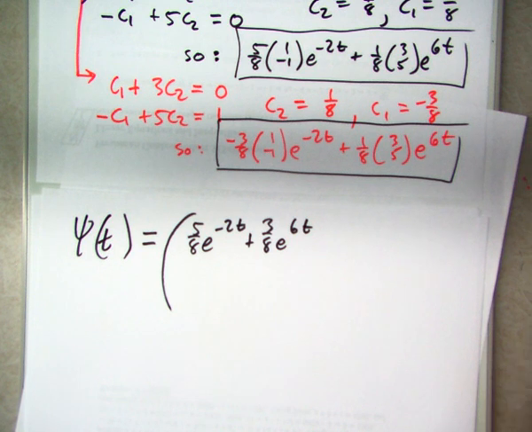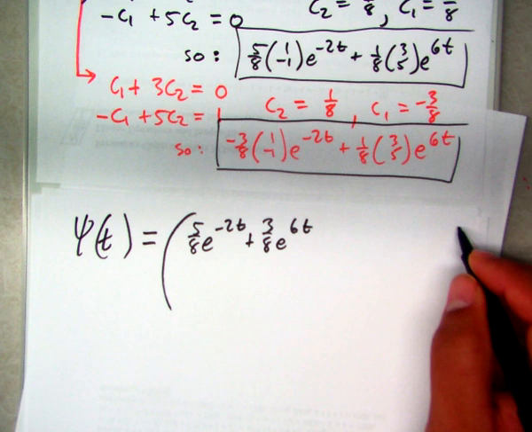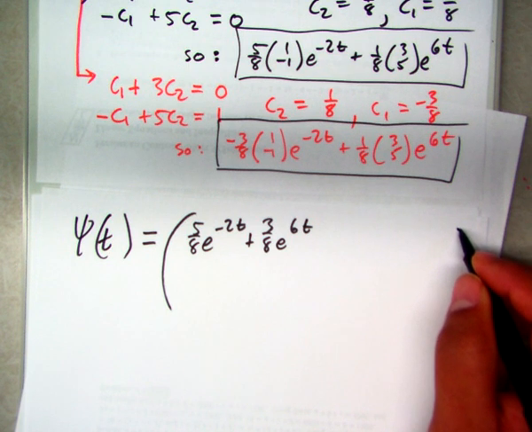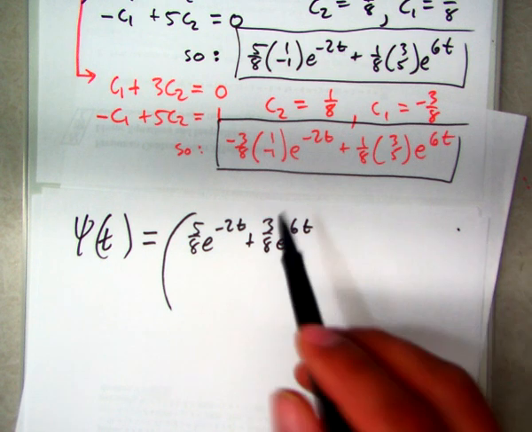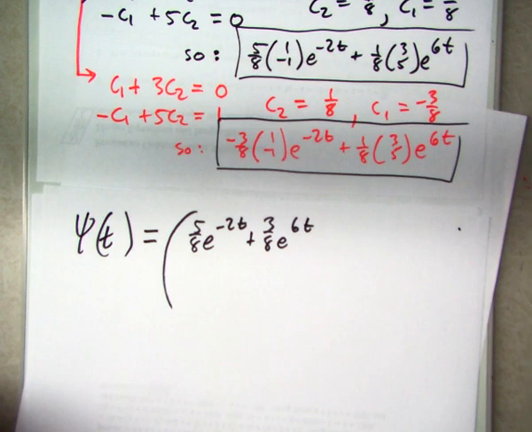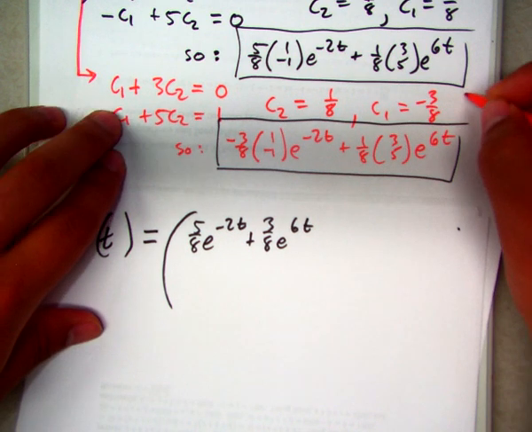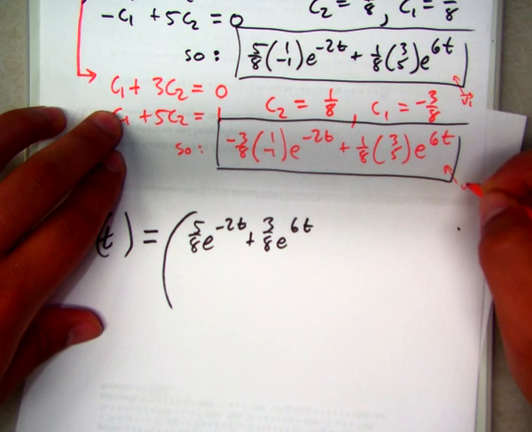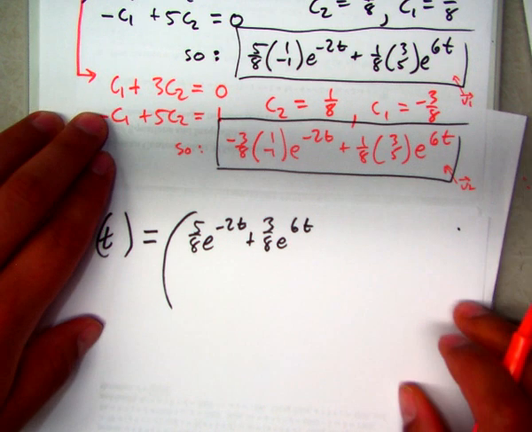Second entry. Actually, let's do it this way. This is probably easier to write down. Think of these as columns. So another column vector v1, another column vector v2. And then that's really what you're going to do.